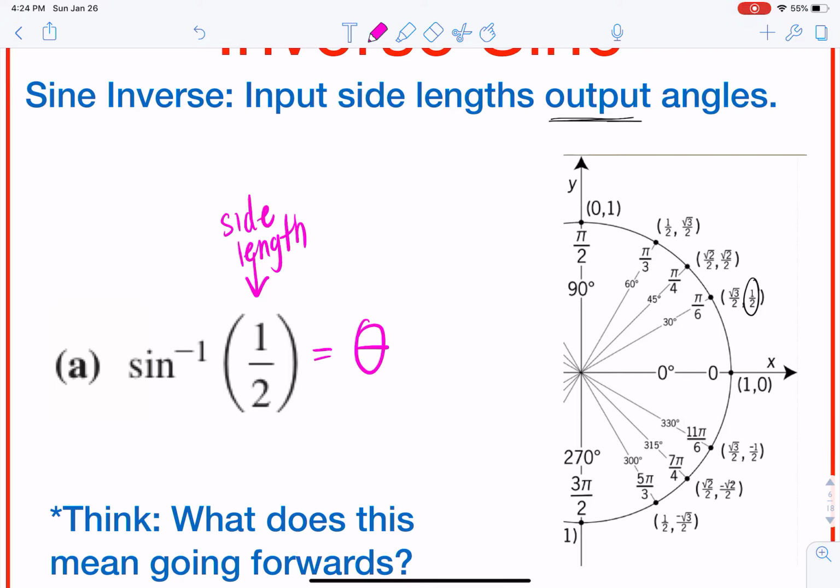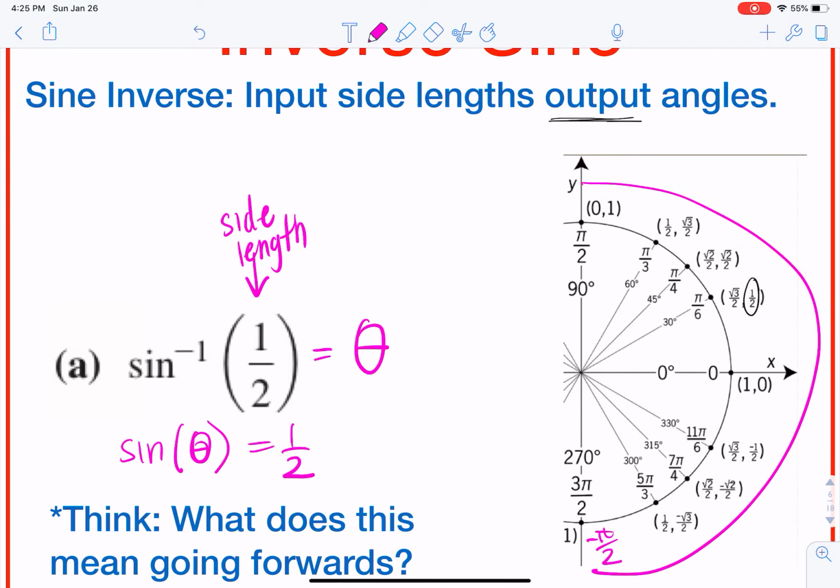Or another way to think about this is sine of some angle is equal to 1/2. And I'm only looking for this angle in between negative pi over 2 and pi over 2. I'm only examining this portion of my unit circle. So I know that my sine is referencing the y values in my unit circle, and I can see here that at pi over 6, my sine value is 1/2.